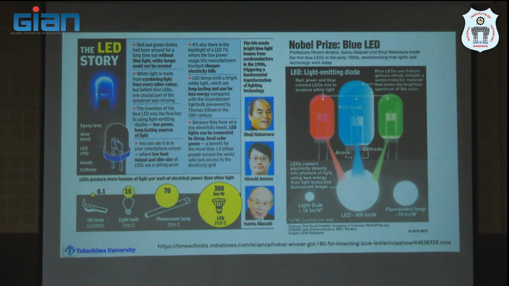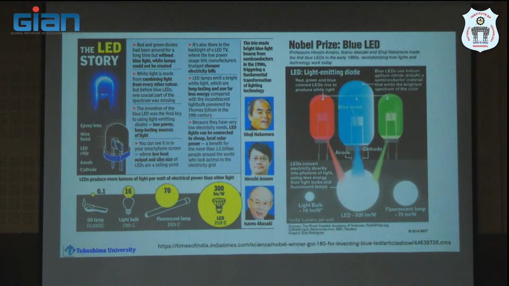Why is this blue shown bigger? This is from the Nobel website. But if you look at this picture, if your observation is clear, somebody noticed red and green show in small size compared to the blue one. So that shows blue is a very important innovation.